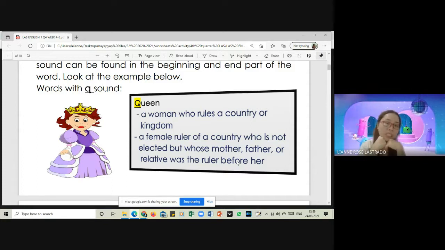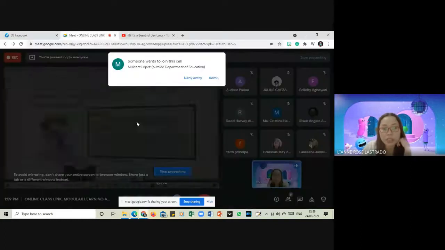A queen is a woman, of course. You could never be queen if you are not a woman. This woman rules a country or kingdom. Let's have an example: Queen Elizabeth II of the United Kingdom.